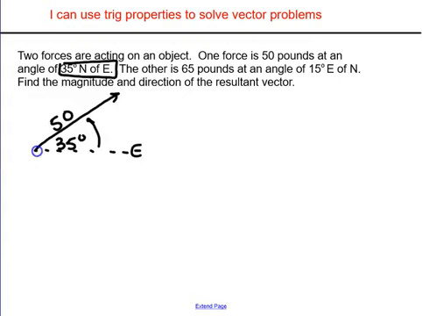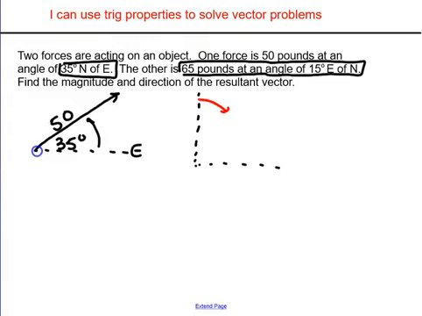Okay, now the next one is 65 pounds east of north. So if we start north, going straight up, and we go 15 degrees east, what angle do I really have here? I've got a 75-degree angle.